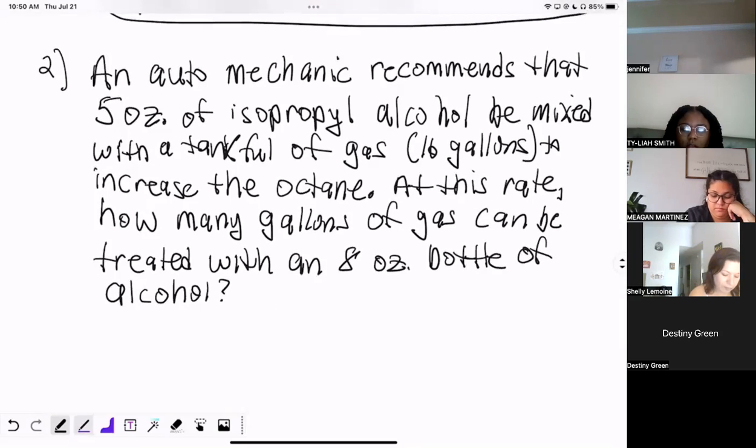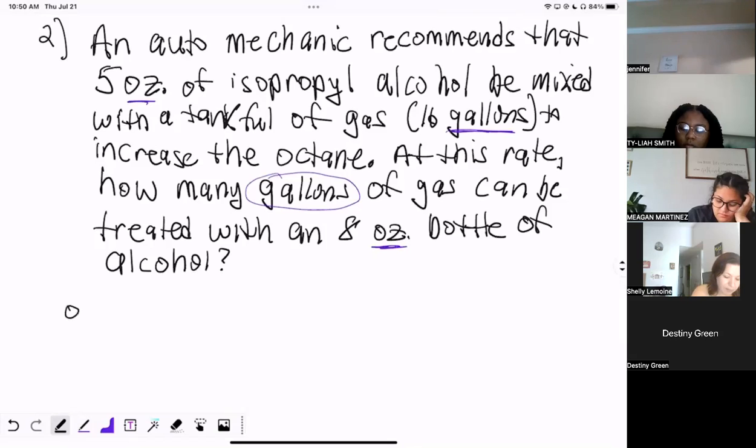But 2 things should stand out. We have ounces, we have gallons, we have ounces, and we're looking for gallons. So we definitely have a proportion. I'm going to put ounces on top and gallons on the bottom. You can do it the opposite way and get the same answer.